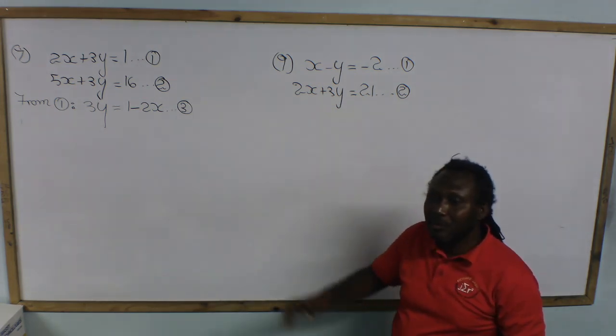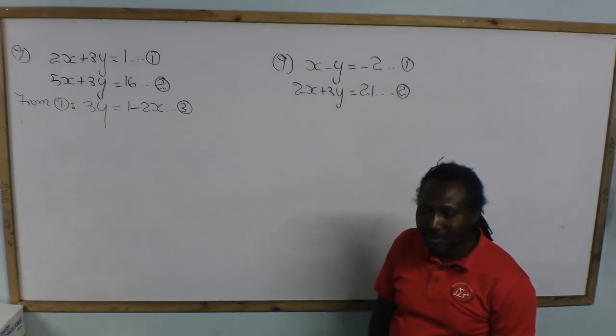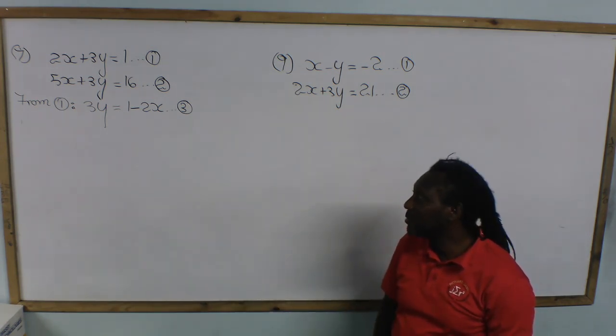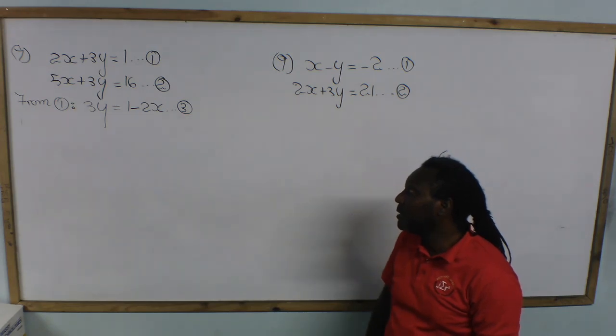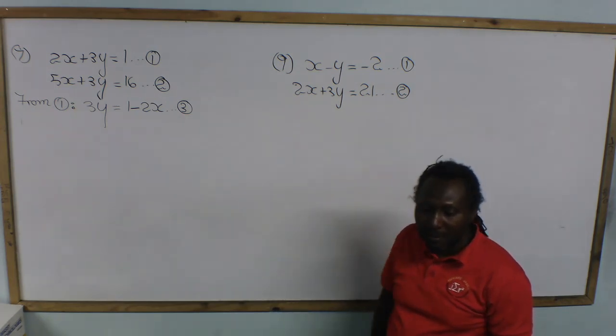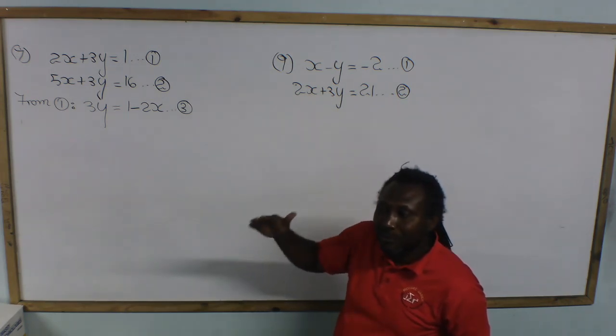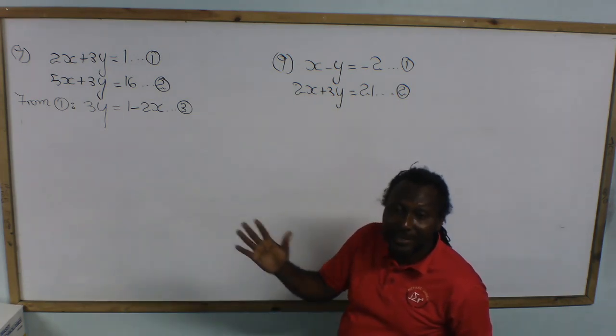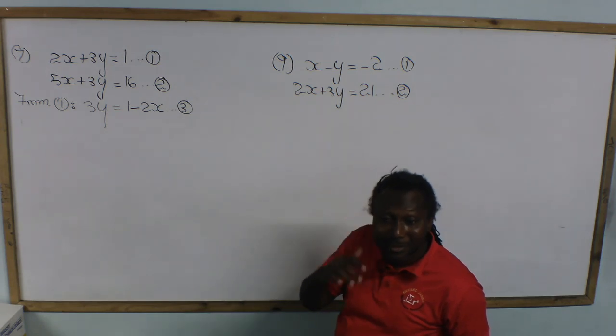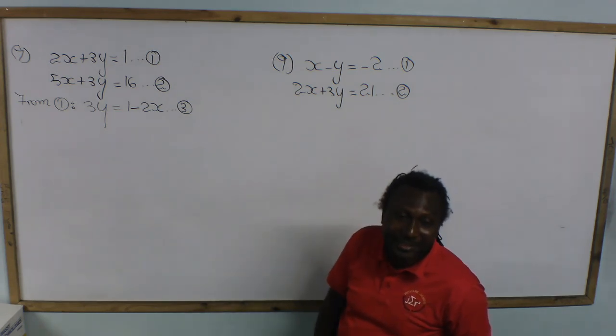A lot of individuals like to use the substitution method because after you do your transposition, most of the work is kind of one-sided. So a lot of people do that.